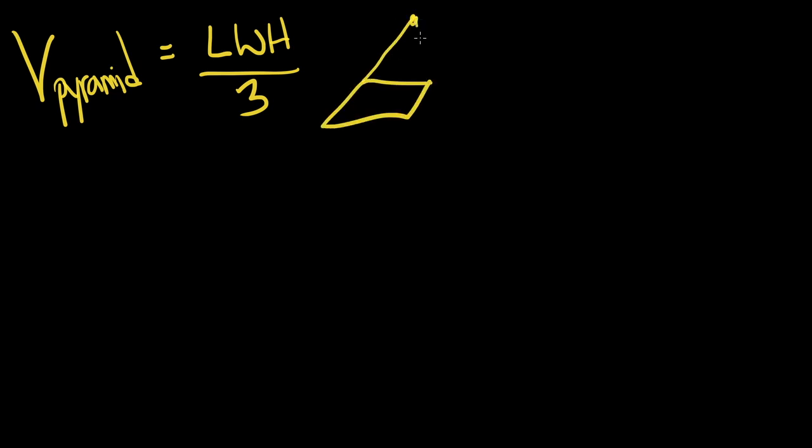Your last pyramid of this video. We'll make it a rectangular pyramid. Why not? We'll make this 6. We'll make this 4. And we'll give you the height of 8. So it is just length times width times height divided by 3.